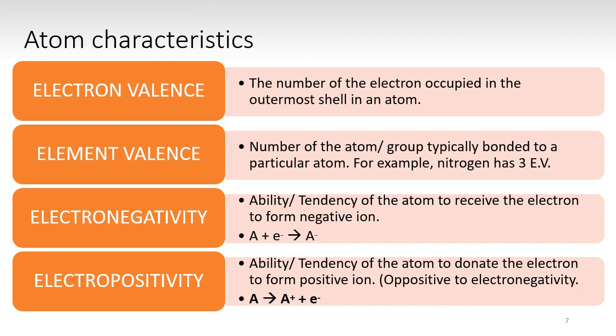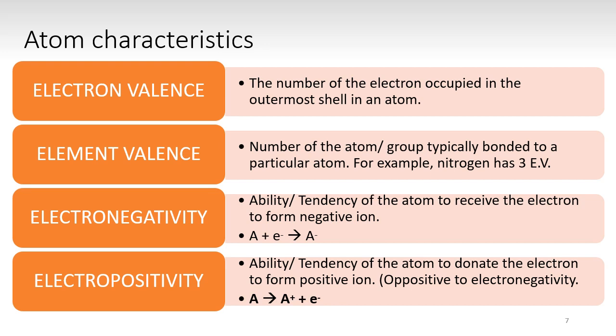So far, 4 atom characteristics focus on the chemical structure and reaction. First, electron valence is the number of electrons occupied in the outermost shell in an atom. Second, element valence shows the number of atoms or groups typically bonded to a particular atom.